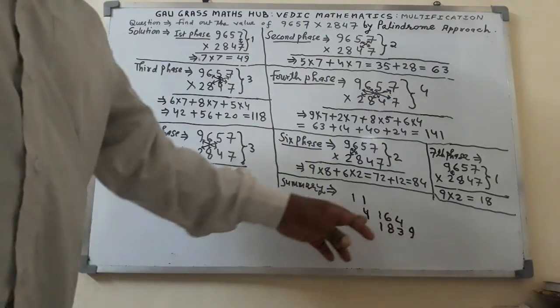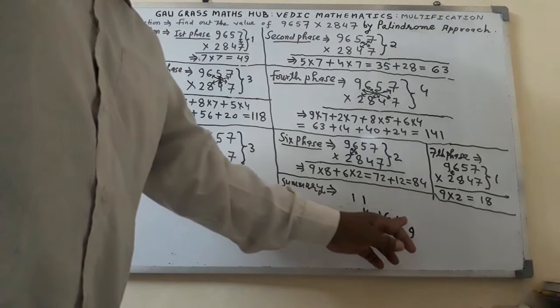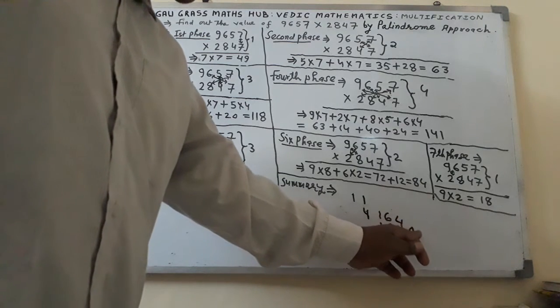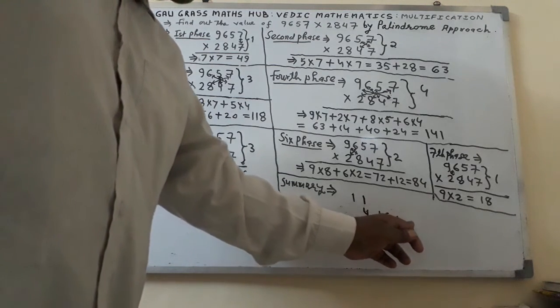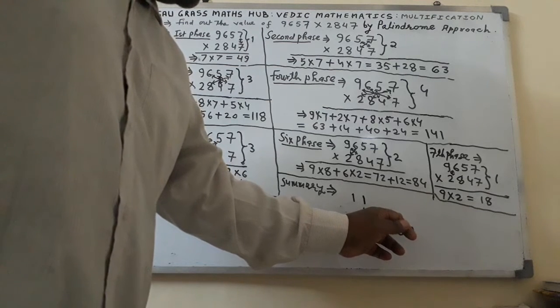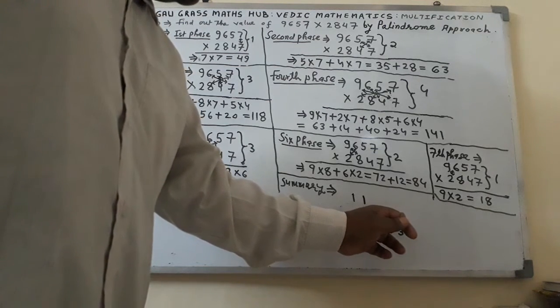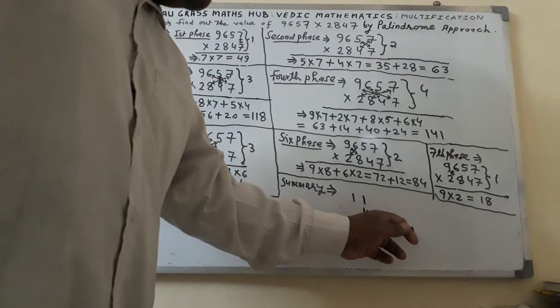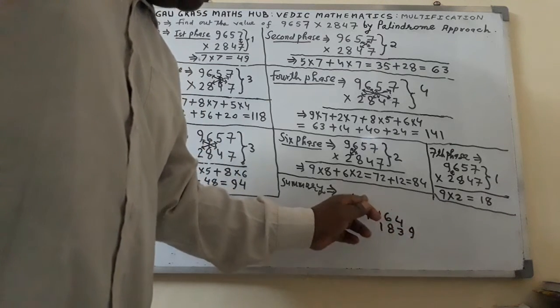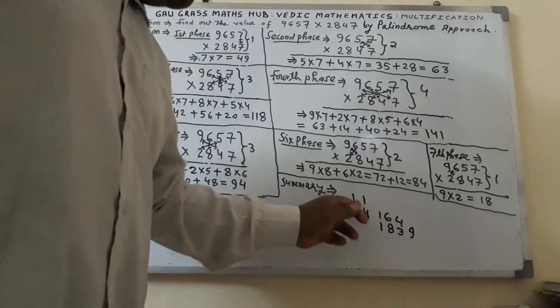Let us see. Like this you can tally. 49, in the transverse way, 49, 63, 118, 141.